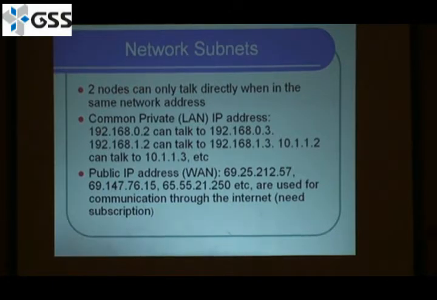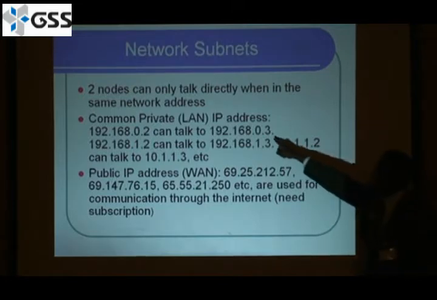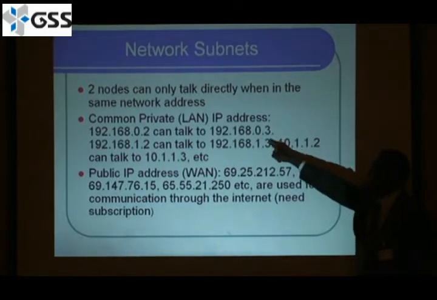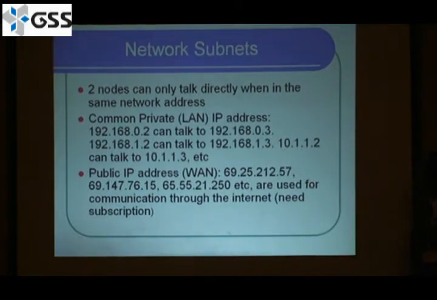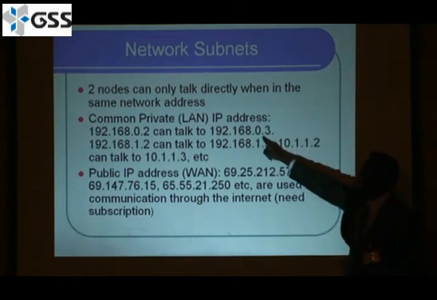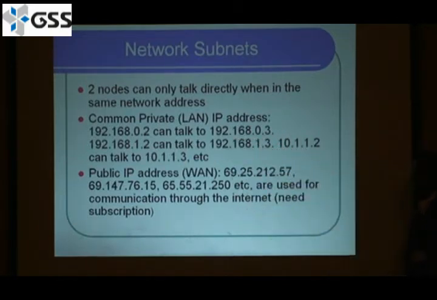So we see here common private IP addresses, like 192.168.0.2 can talk to 192.168.0.3. Notice that the difference is only the last number, because that's the network address.